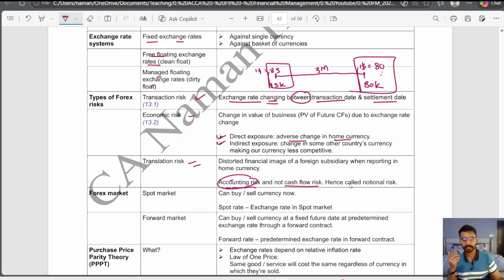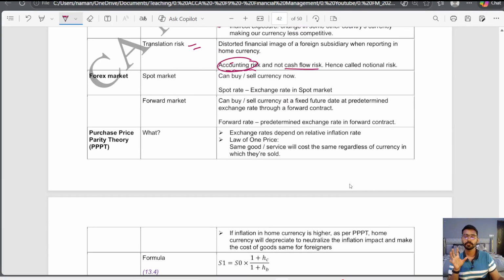Okay. Now we discuss something called the forex market. There is a spot market and there is a forward market. In the spot market, you can buy and sell the currency in the moment, right now. The exchange rate that applies in the spot market is called the spot rate. So all the things are happening right now, real time. Then you have something called the forward market.